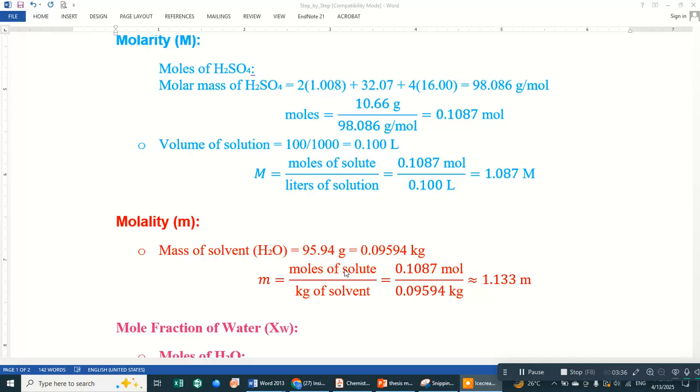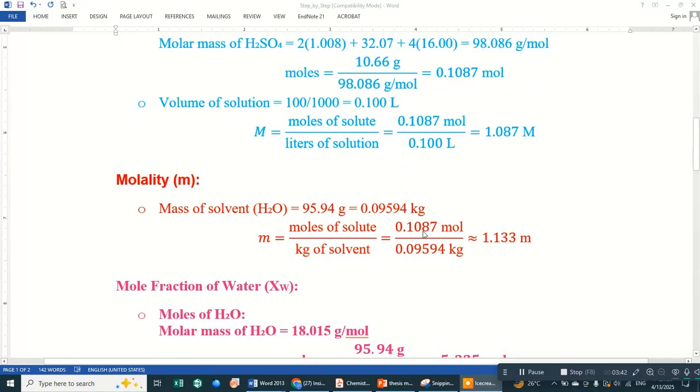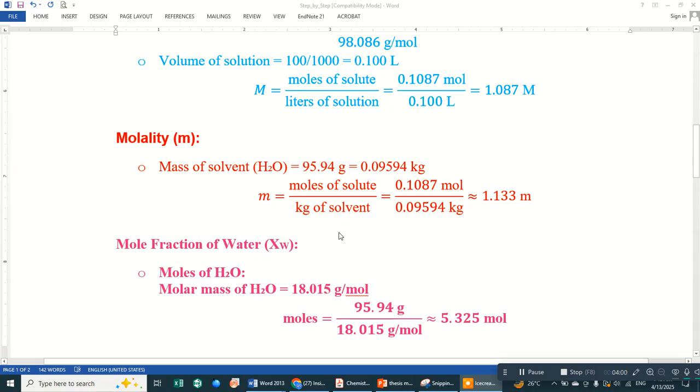Then the number of moles of solute, the sulfuric acid, we have already calculated in the previous step, and we can find out the molality by dividing the number of moles of sulfuric acid by the mass of water in kg. Molality is 1.133 molal.